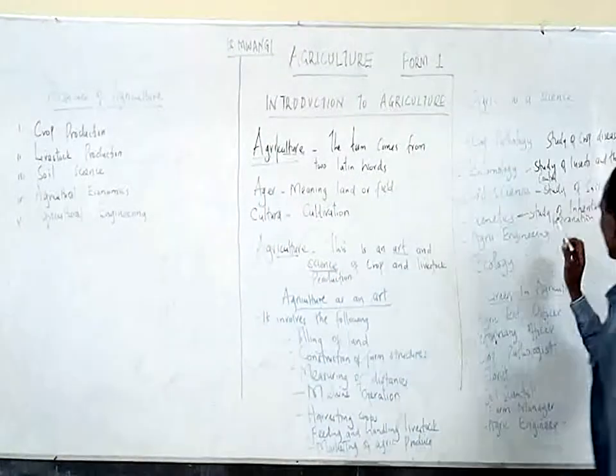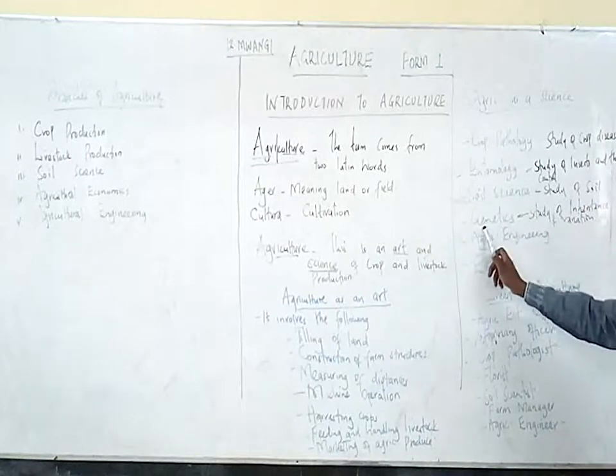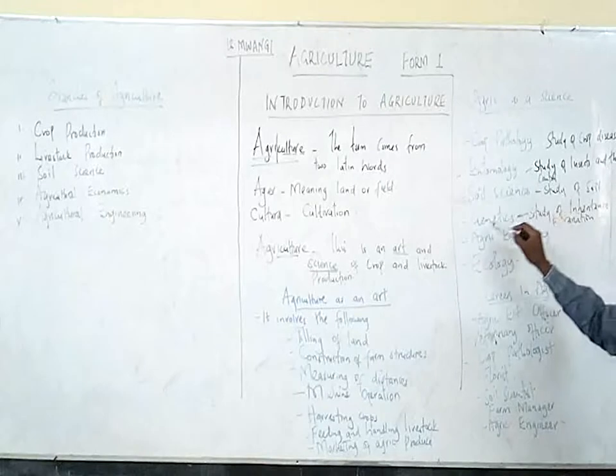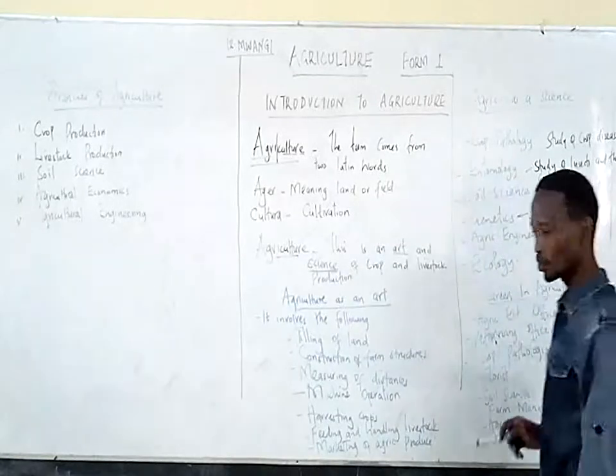So genetics, the study of inheritance and variation, is commonly practiced in agriculture, especially in breeding of livestock, and also in breeding crops so that you can get crops which are pest and disease resistant.